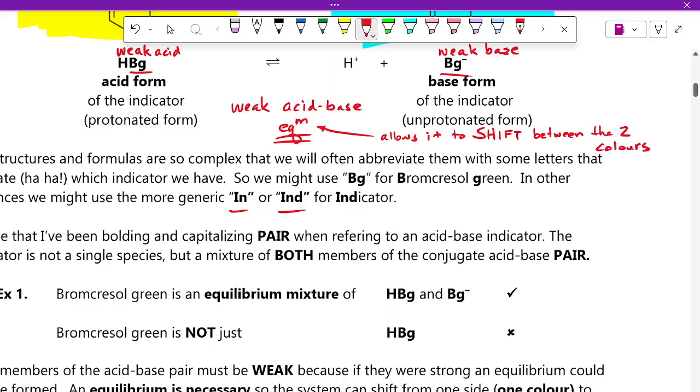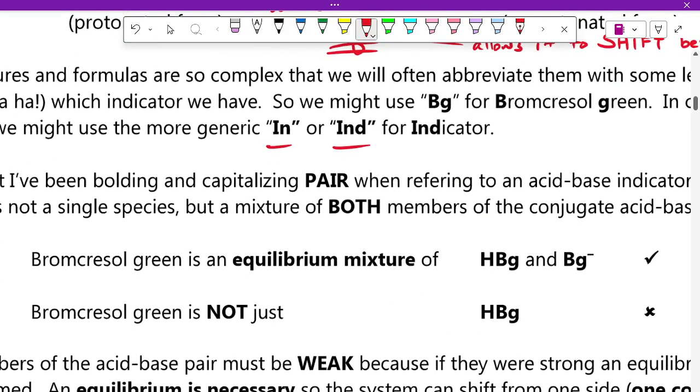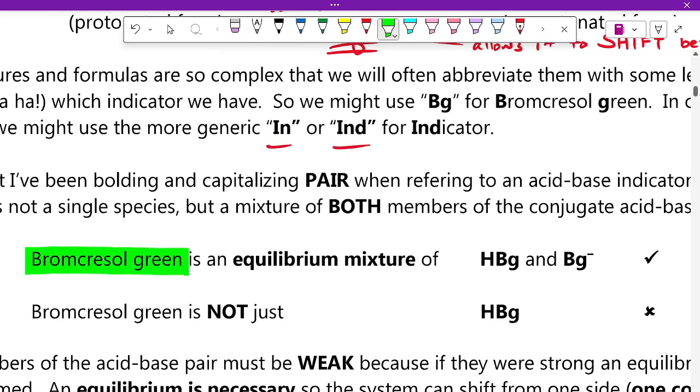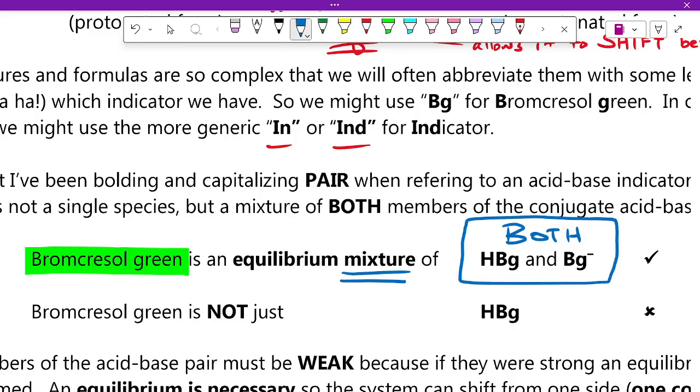So remember, bromcresol green is a mixture of both of those. Bromcresol green is not just one of them.